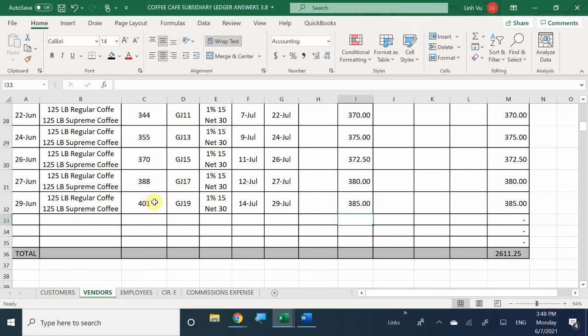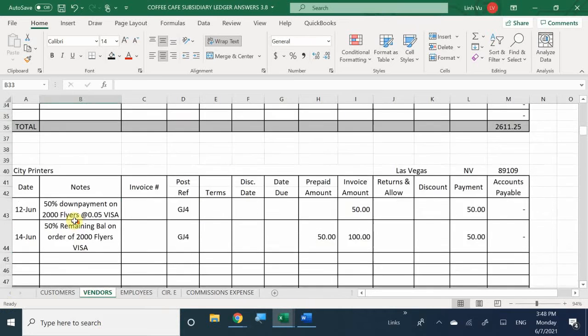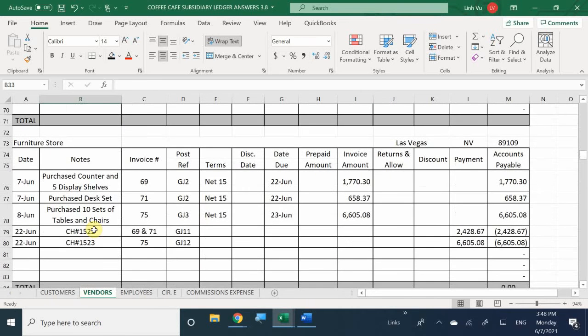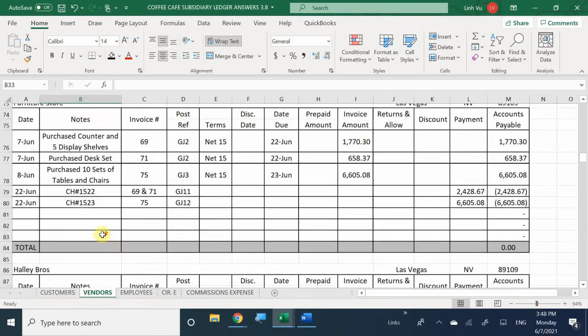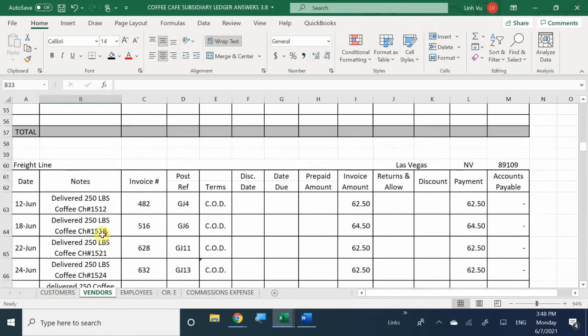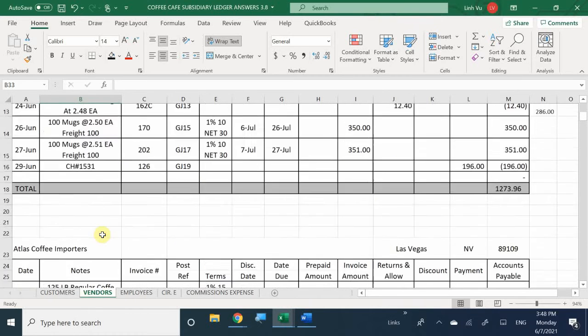After this, we're going to scroll on down and make sure that we paid the freight line. So we're going to document that, of course. Can I get a quick second? Sorry. Okay, so go back up to the top.